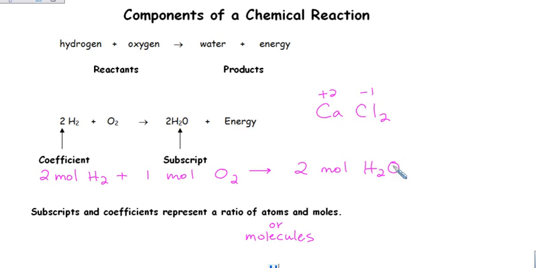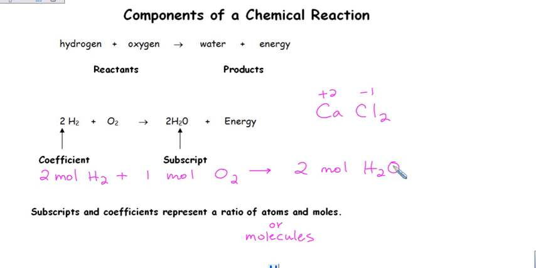But you see how we're keeping the ratio of particles consistent? If I have 2 moles of hydrogen reacting with 1 mole of oxygen, I have twice as many particles of hydrogen. The ratio in the balanced equation will always tell us how these reactants react and how the products are formed.